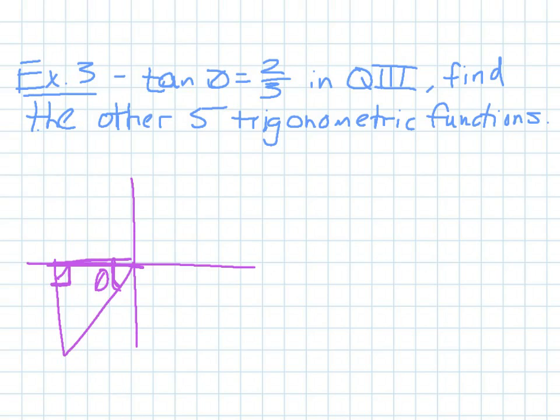Okay, so here if tangent is 2 over 3, if you think about either opposite over adjacent or your y over x value, this side is our y, so then that means the top number is 2 here, and then the adjacent side, or the x value, is 3, which would go here.